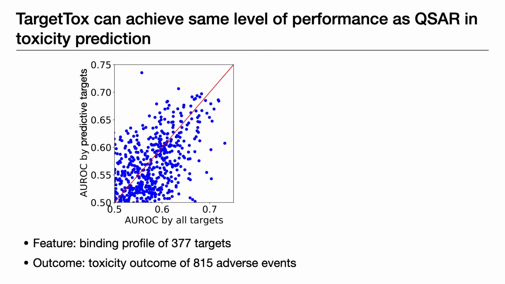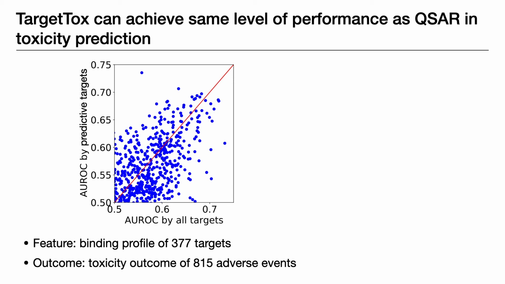In step 2, we implemented TargetTox to identify targets predictive of 815 adverse events. And again, we compare the performance by predicted targets to performance by all targets. We found the points are mostly aligned along the diagonal line, like in step 1, but with a much larger variance.